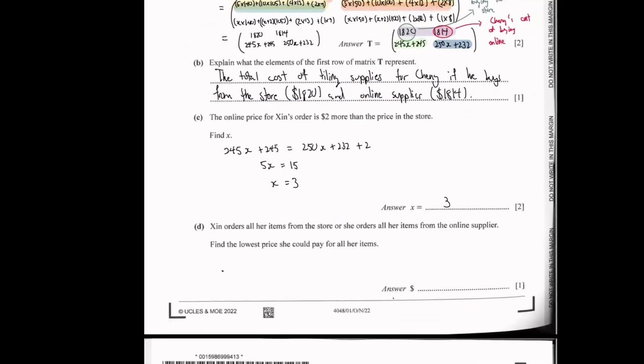So to buy from the store, the lowest price equals 245, sub in x as 3, plus 245. That will give us the answer of 980.